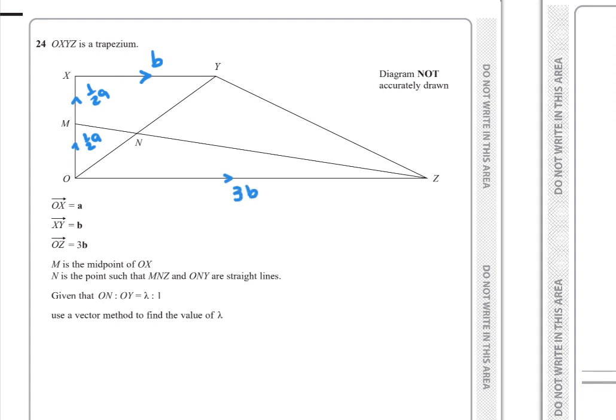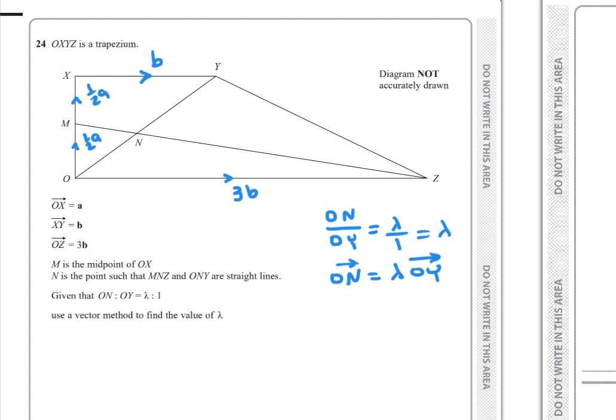Now we have ON to OY equals lambda to 1. So we can write ON over OY equals lambda over 1, so equals lambda. So ON equals lambda times OY if you cross multiply. So the vector ON equals lambda times the vector OY.